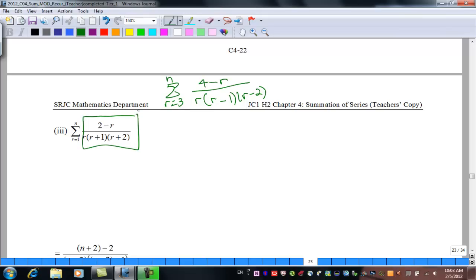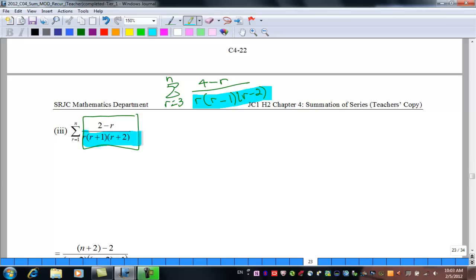So what's the similarity and what's the difference? Firstly, I see that one of the similarities is that there are 3 terms in the denominator for both cases. Okay, but it just seems that instead of r minus 1 and r minus 2, now it's r plus 1 and r plus 2.